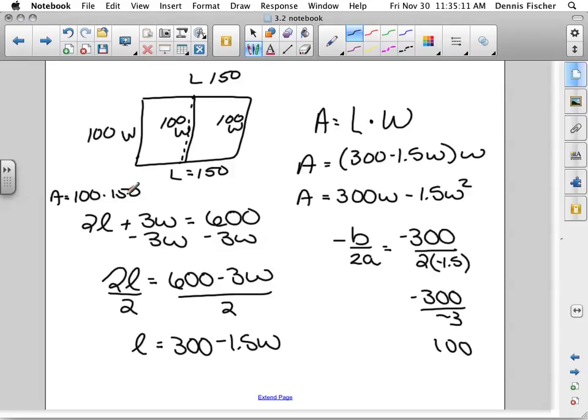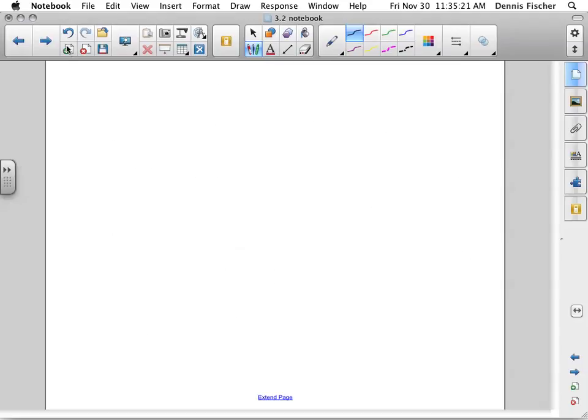Let's look at number 65. Down to 65, very similar. There's many ways to do this problem.